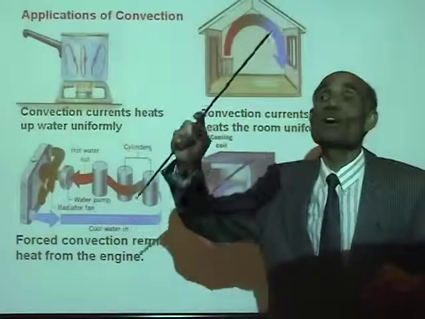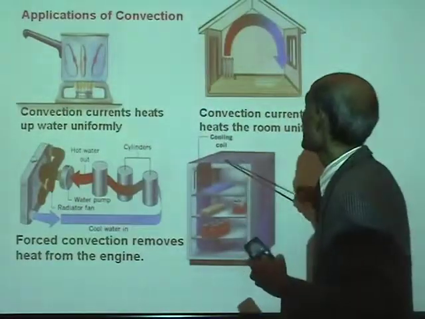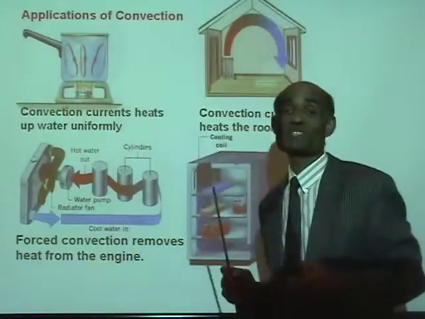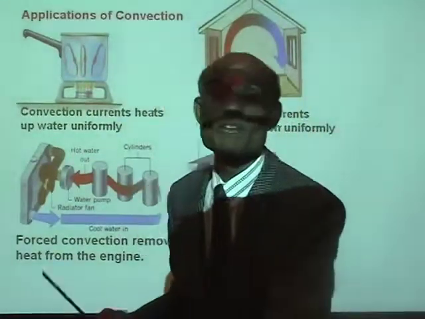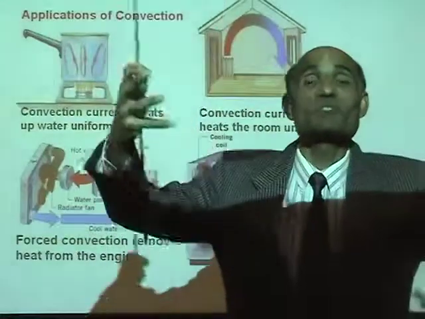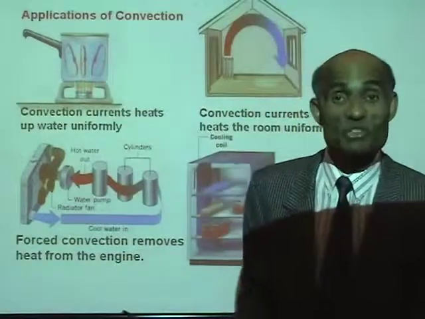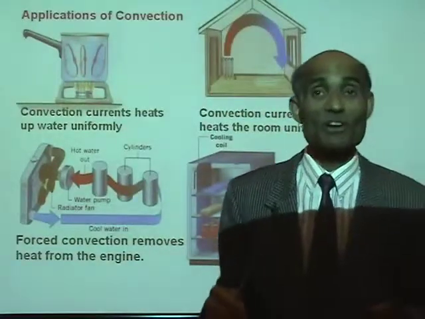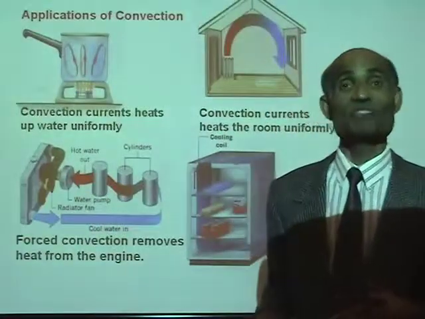So the sinking of the cold air and the rising of the warm air will cool the inside of the fridge uniformly. So you can see these various phenomena are so useful to us. The applications of conduction and convection make our life easier.